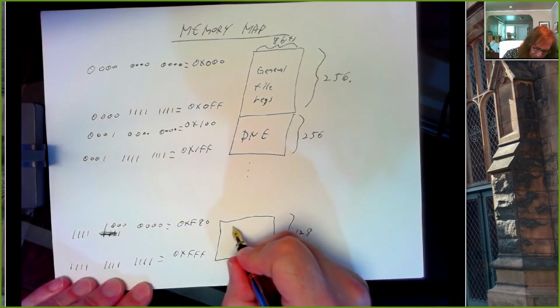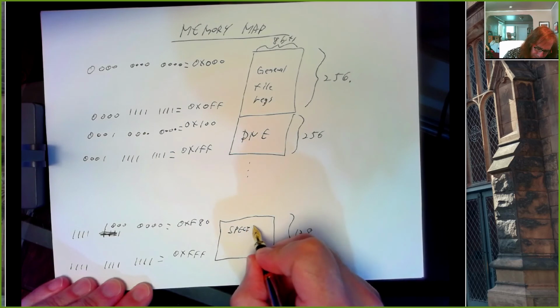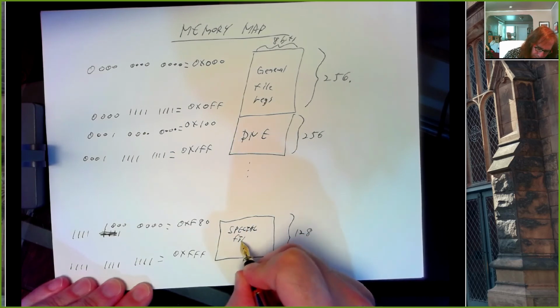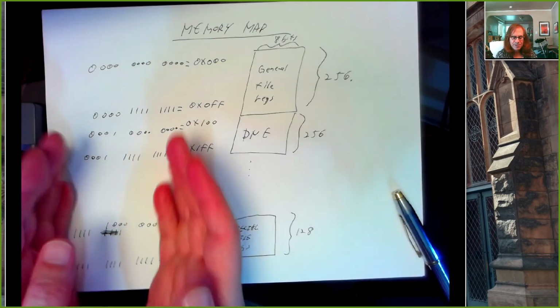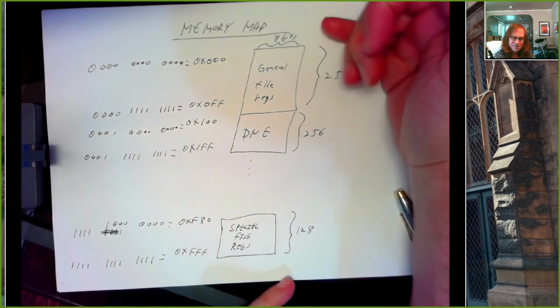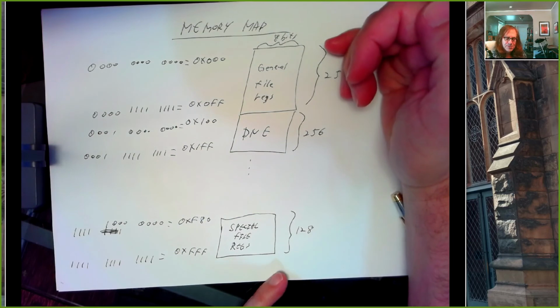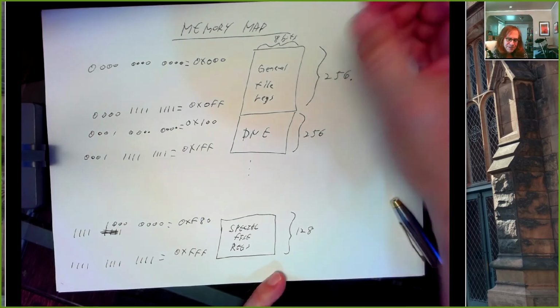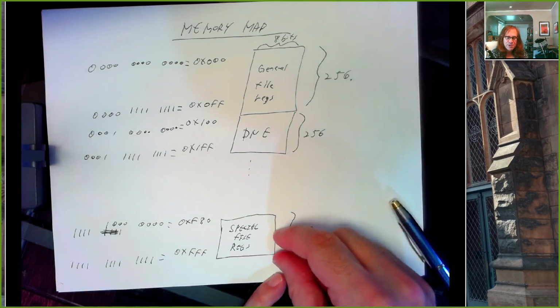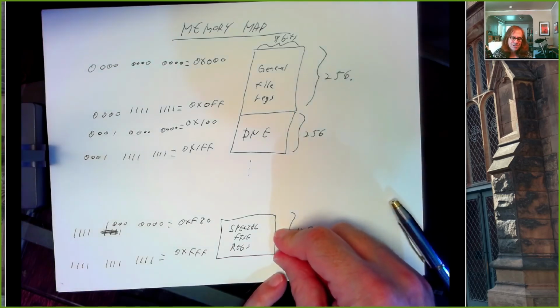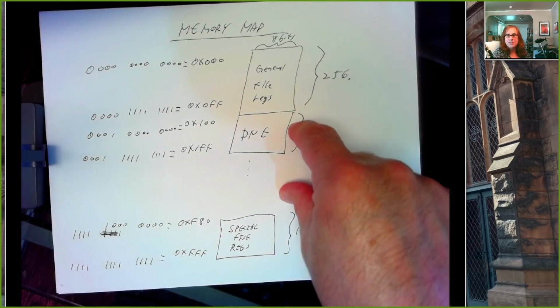And these are the special function registers, or special file registers. So we can think of a 12-bit address, which means we have 4,096 locations we can specify. The first 256 are general purpose registers, the last 128 are special purpose registers, and everything else in the middle doesn't exist.